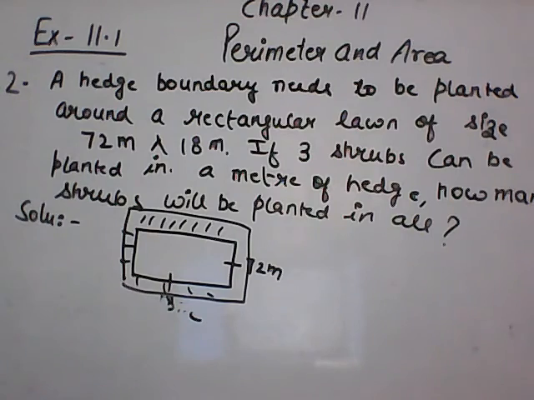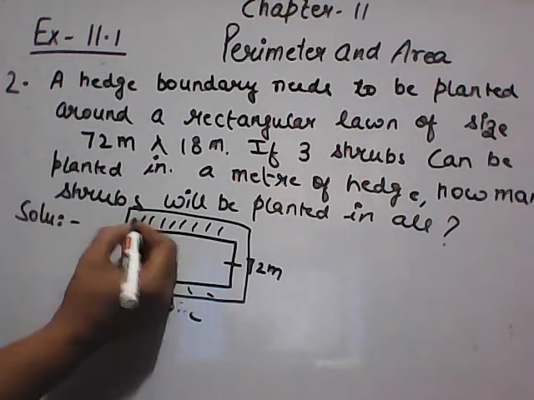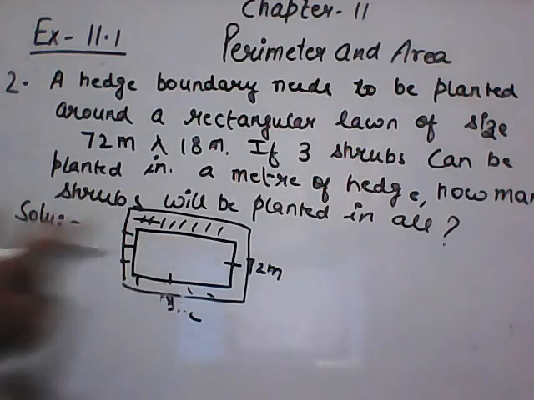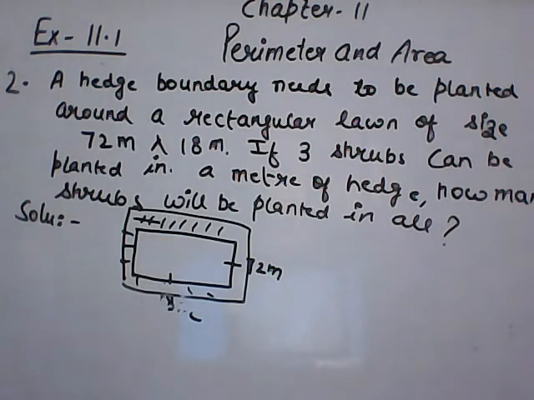If 3 shrubs can be planted in a meter of hedge, that means in 1 meter we can plant 3 shrubs, then you have to find out how many shrubs will be planted in all.